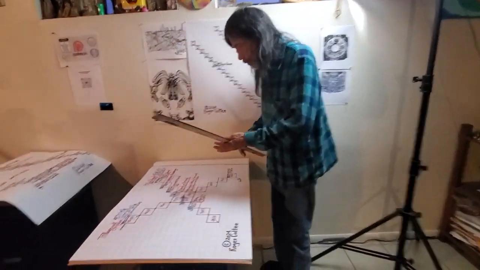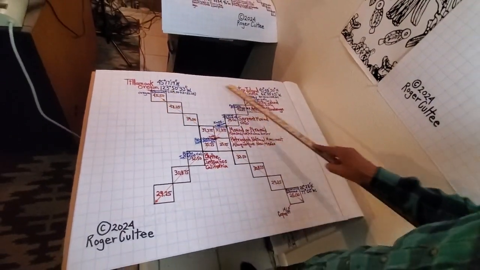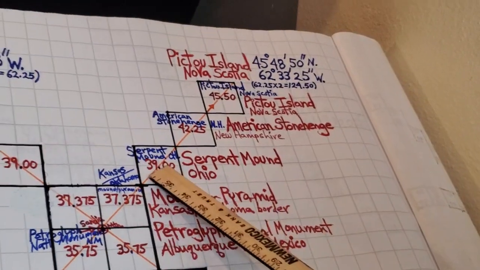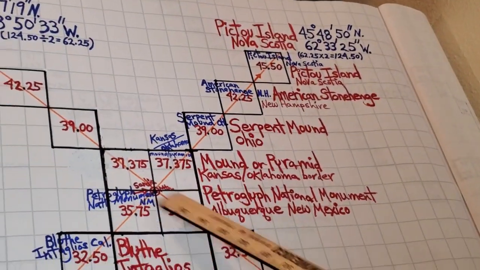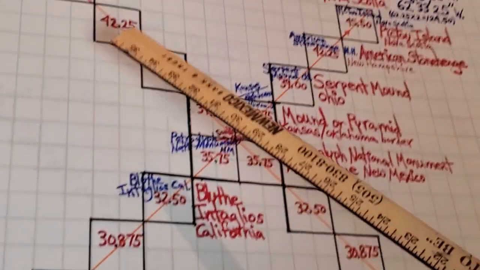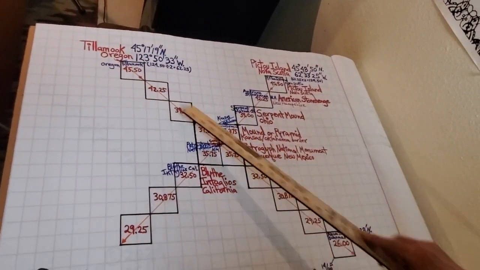Come here a little closer. Now those same numbers, 45.50, 42.25 are here, 39 is here, 37 is there, 35 is here, 32 is there, no, not here. I haven't made the locations here yet, which I will eventually.